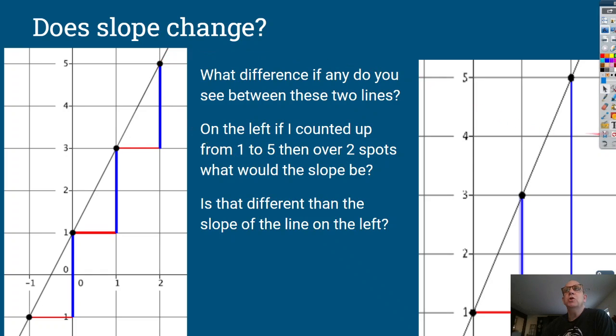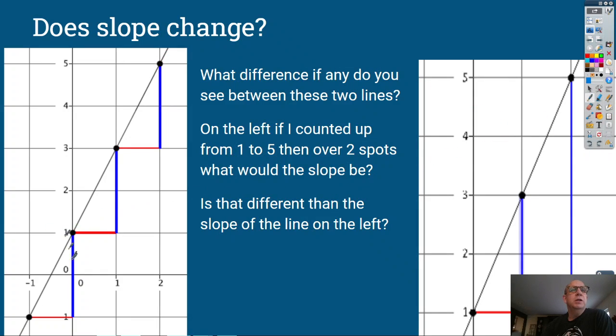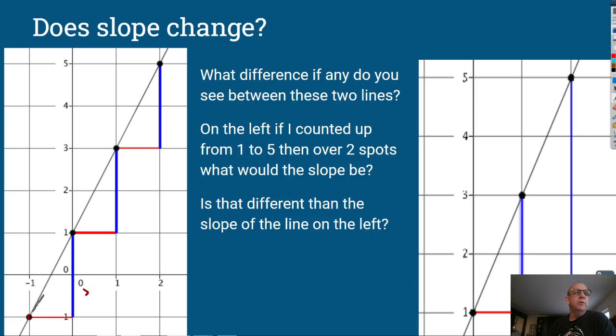So does slope change? Let's take a look over here. On the left, from this point to this point, we go up 2 and over 1. So the slope here is 2 over 1. This triangle is exactly the same.